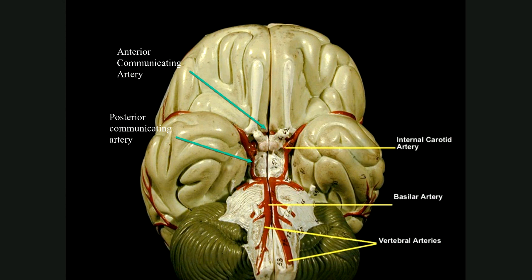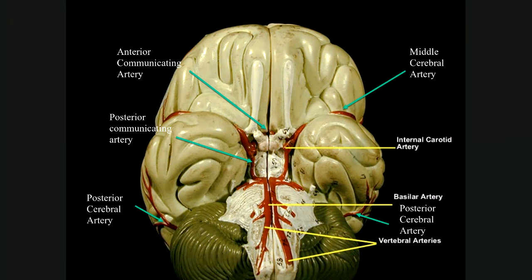There's a smaller artery right here. That's the anterior communicating. And there are two smaller arteries right here. Those are the posterior communicating. And then all of the cerebral arteries are going to come off the rest. And remember, there's an anterior, a middle, and a posterior on each side.